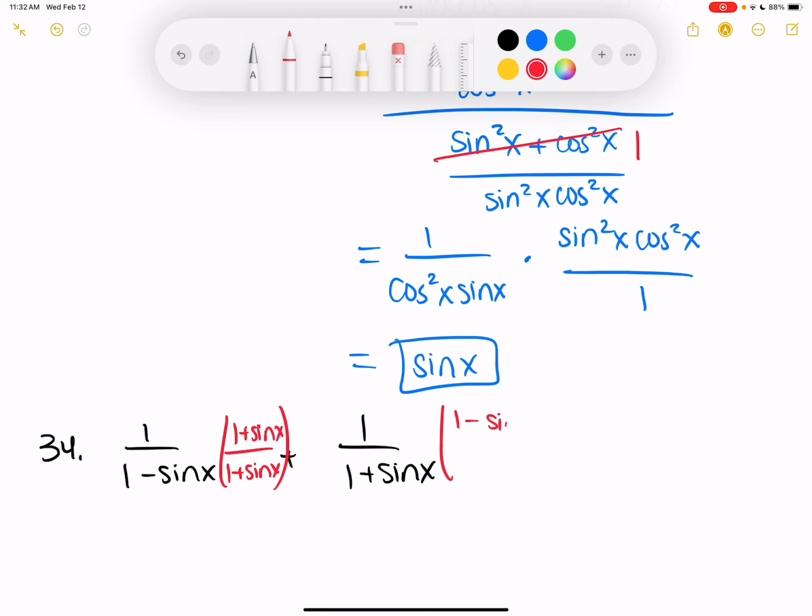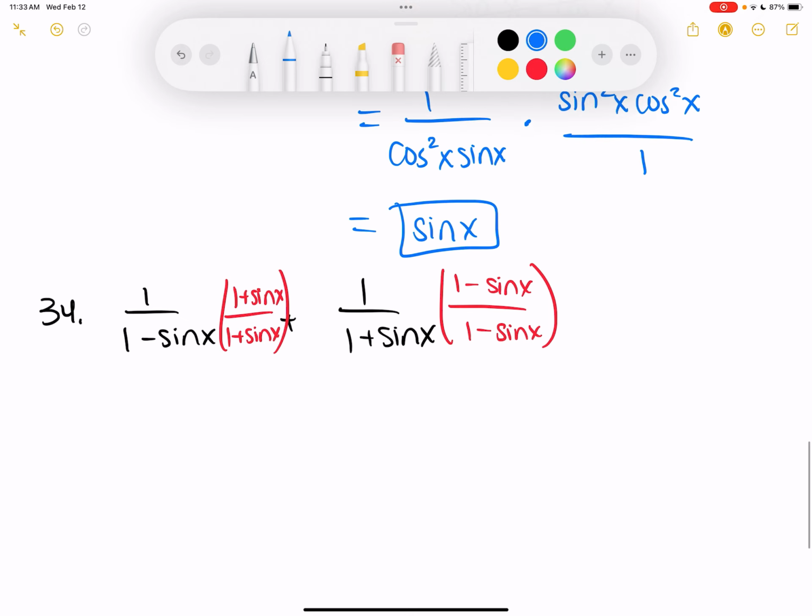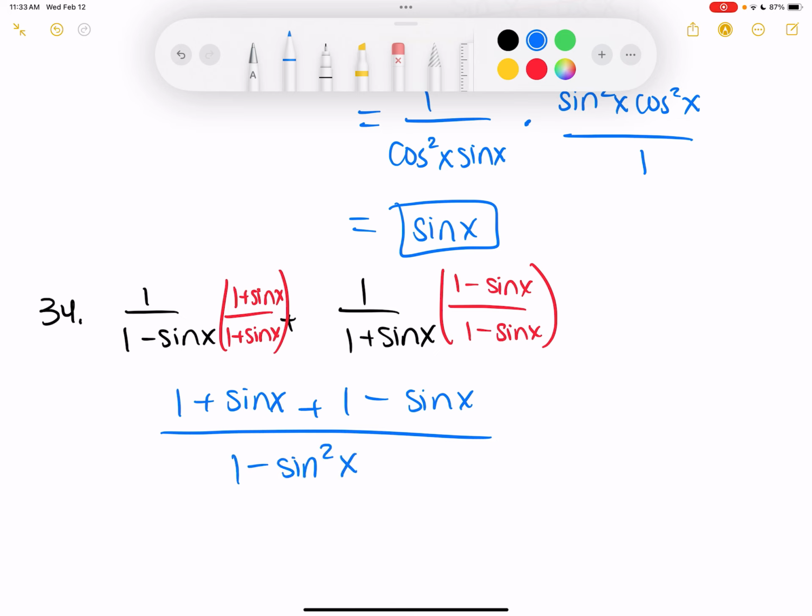Yep. So it's basically just multiplying each of them by the opposite one's denominator. So 1 plus sine x plus 1 minus sine x over, this is a difference of squares, so it's 1 minus sine squared of x.